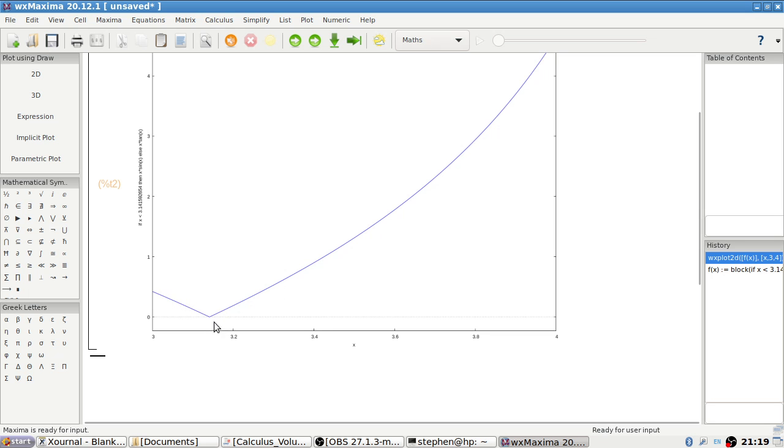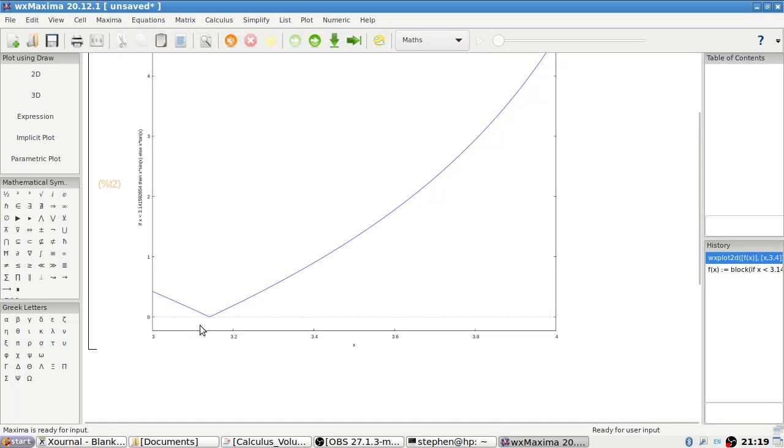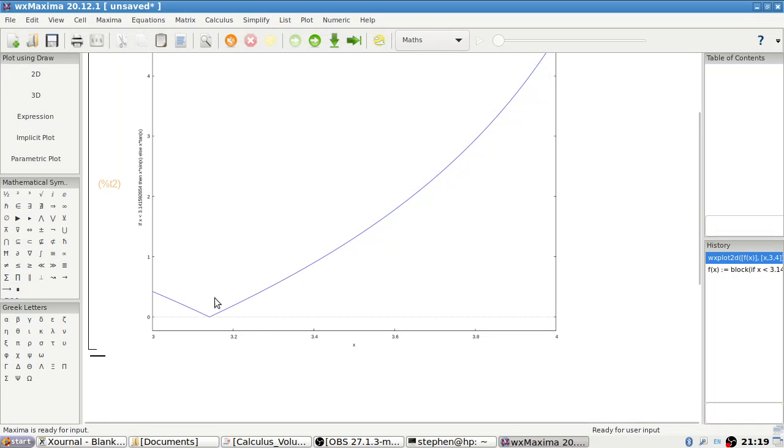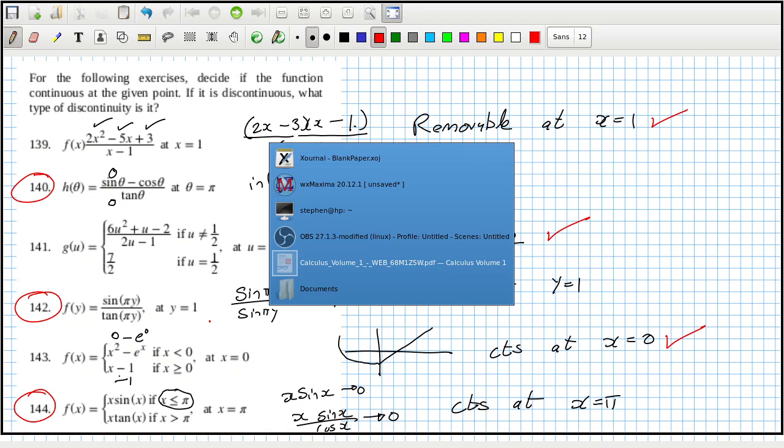So, yeah, dips down to 0. Looks more linear on the left than it does on the right, but no. It's just because I have so much more on the right. Yeah, looks continuous at pi. That looks good to me. Okay, so I'm pretty happy with these.